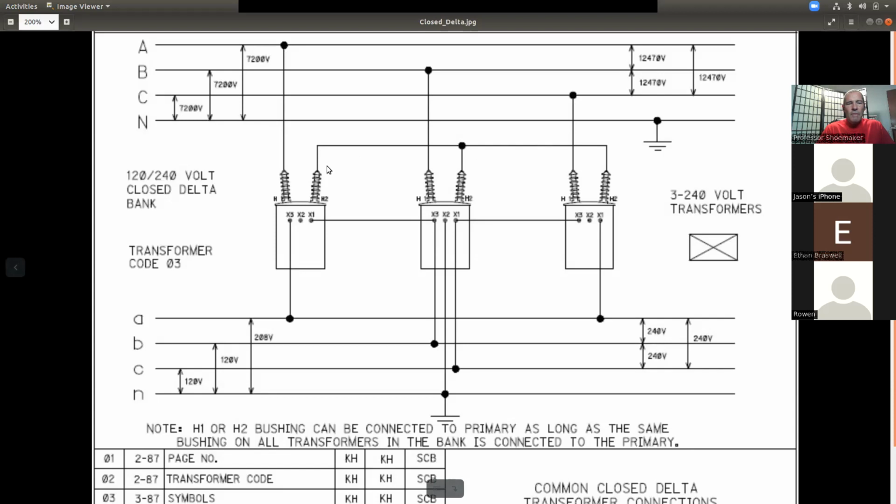They do something different here, and it is required of a closed delta bank. My H2 goes from H2 to H2 to H2, where does it not go? It does not go to the neutral, right? That's because this is closed delta.